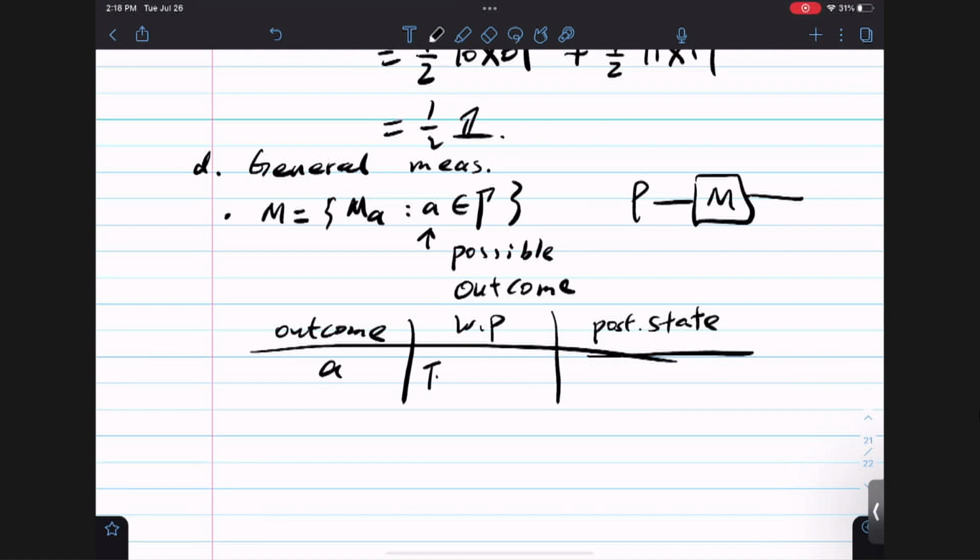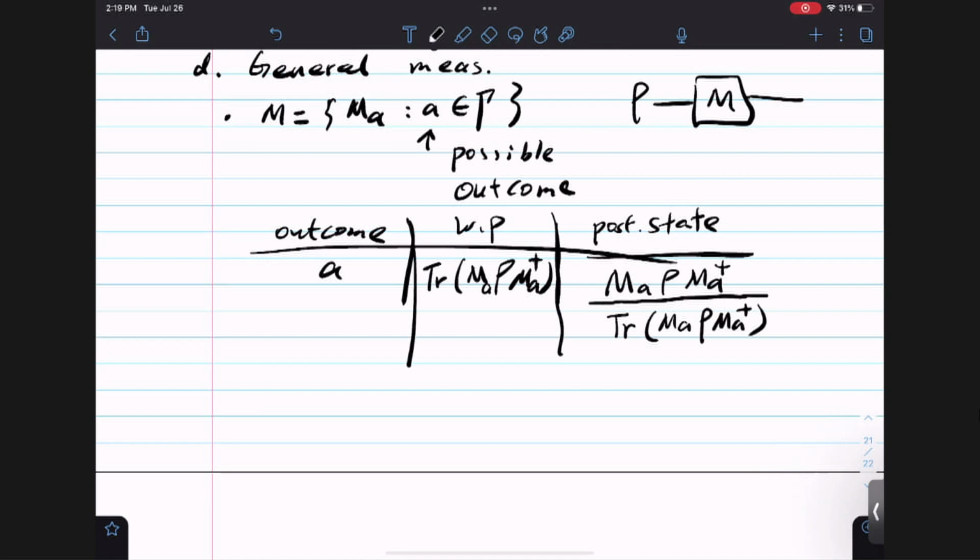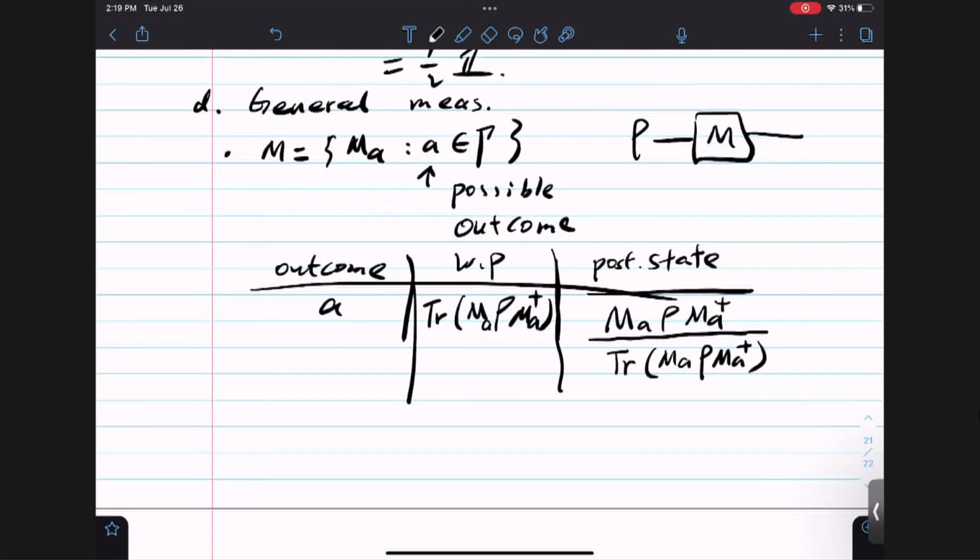The probability of seeing A will be the trace of conjugating rho by M_A. And then the posterior state will be the same thing, but we have to renormalize it, so we just divide it by this trace, so that what's left is still a density matrix. So this is the rule defining a general measurement.